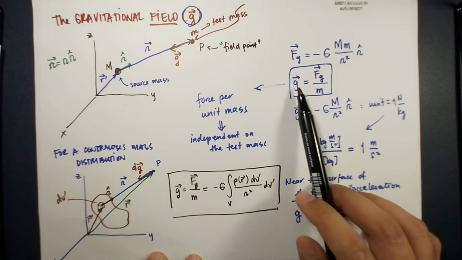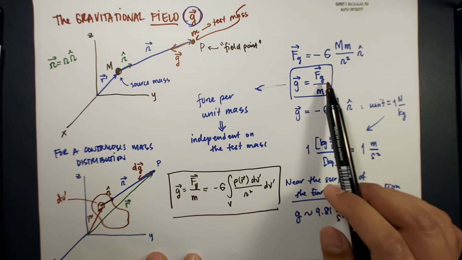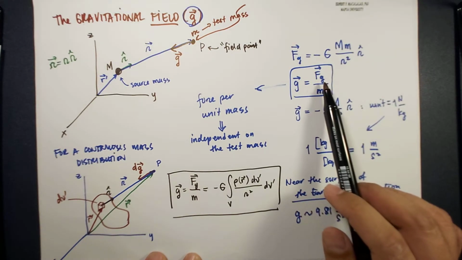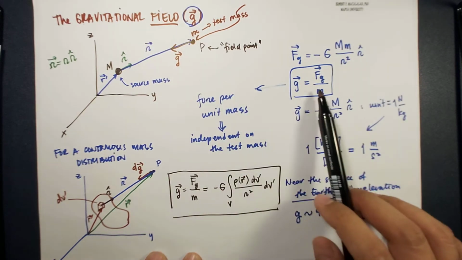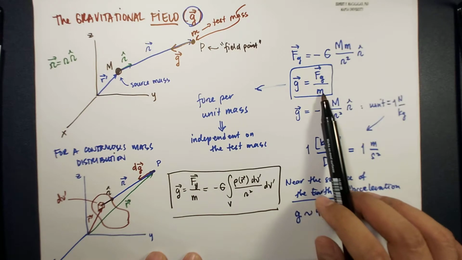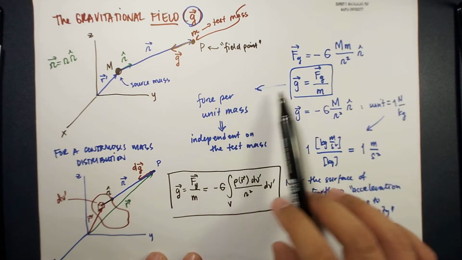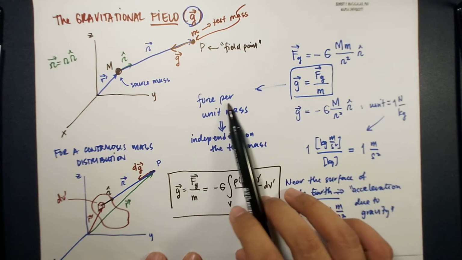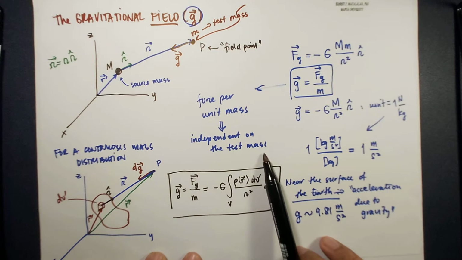And the gravitational field is computed as the quotient between the gravitational force exerted on our test mass and the point mass m. So you will notice here that generally the gravitational field g is force per unit mass, and it is independent of the test mass.